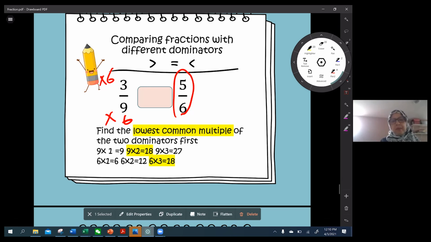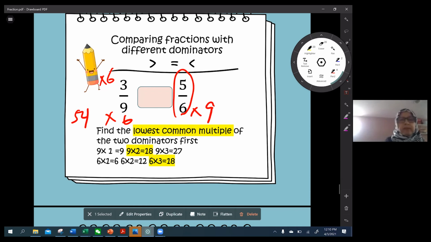6 times 6? No, 9. Because 9 times 6 is, what is 9 times 6? 9 times 6 is 54. So you need to make this 54 as well, right? So you kind of switch. If you multiply this with the other one, 6, then the 6 you multiply with the other one, which is 9.